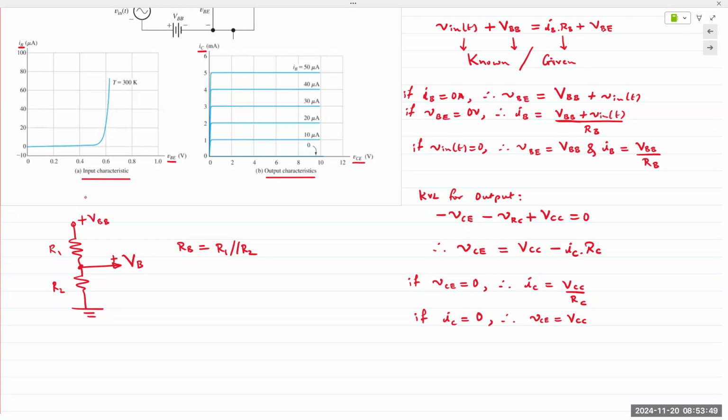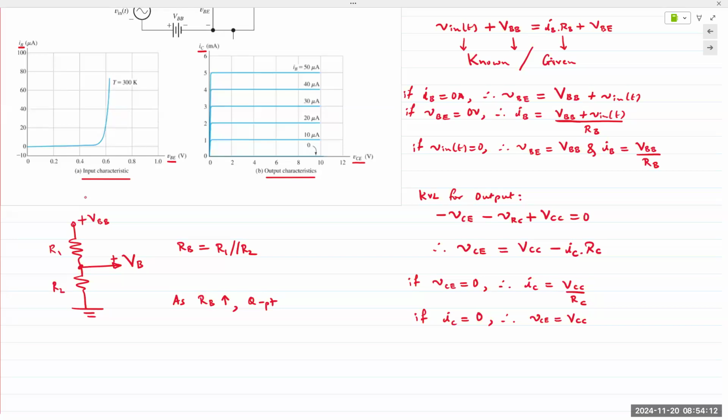Now, as RB increases, and I'm going to write it in shorthand, the Q point is going to move down. Because if RB increases, your IB decreases.